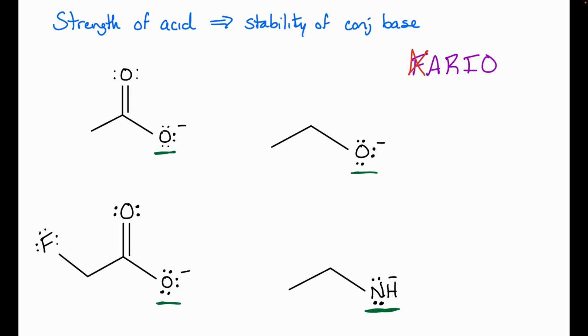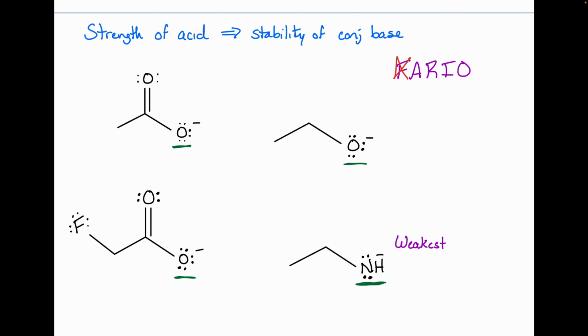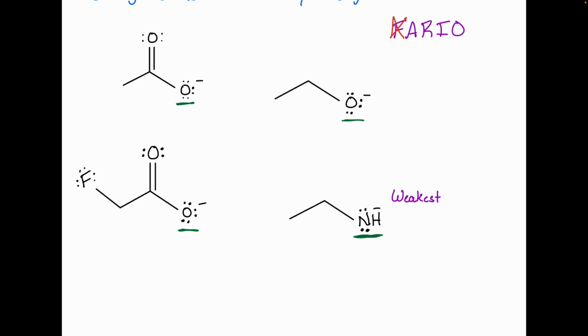So based on electronegativity, which is more stable, an oxygen with a negative charge or a nitrogen with a negative charge? Oxygen with a negative charge. So boom, right off the bat, we can say this has to be my weakest acid. All right, the other ones are all tied at the A, so now we're going to go on.